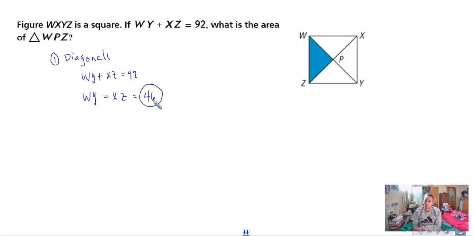So step 2, because we already know that WY and XZ are 46, they are congruent.